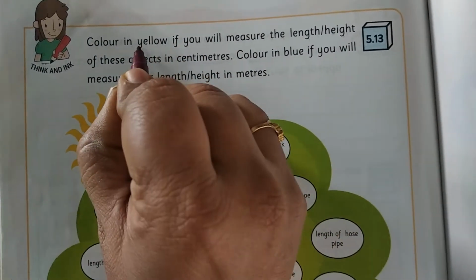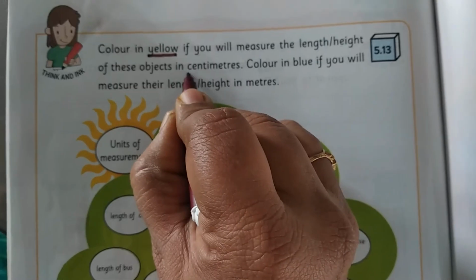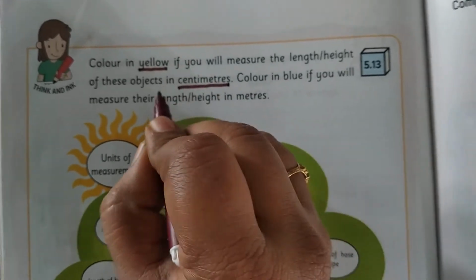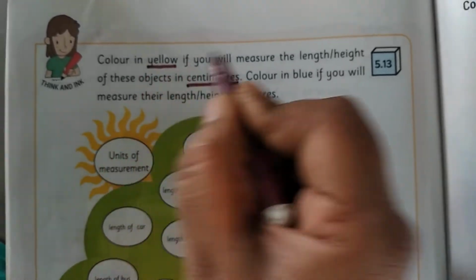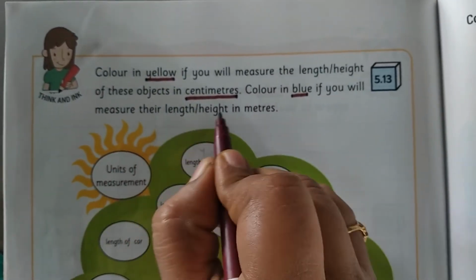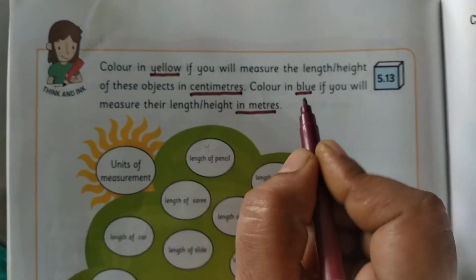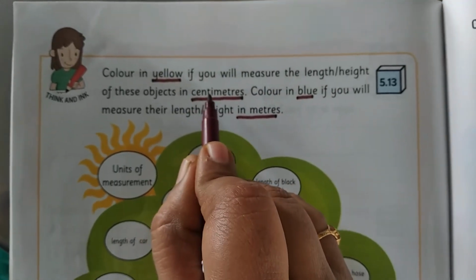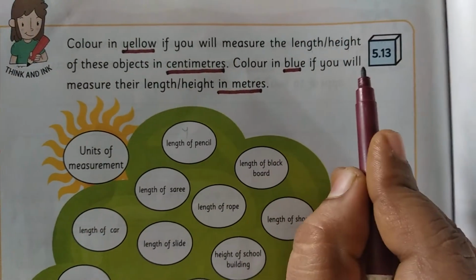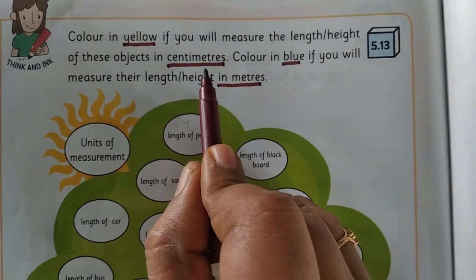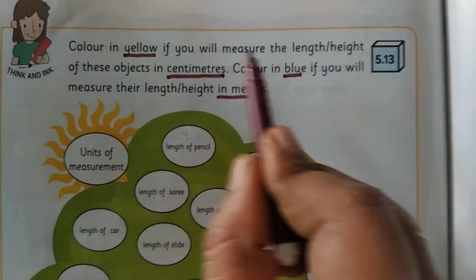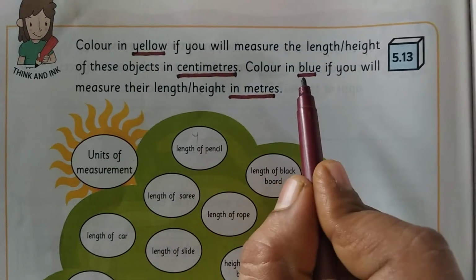If you're measuring the object in centimeter, you want to color with yellow. If you're measuring the object in meter, you want to color with blue.